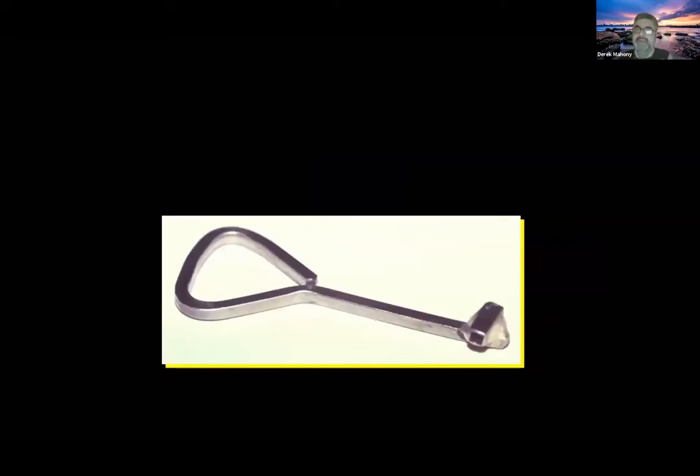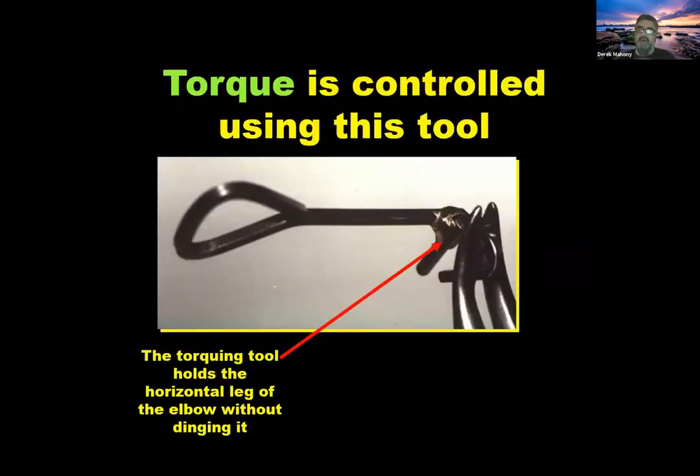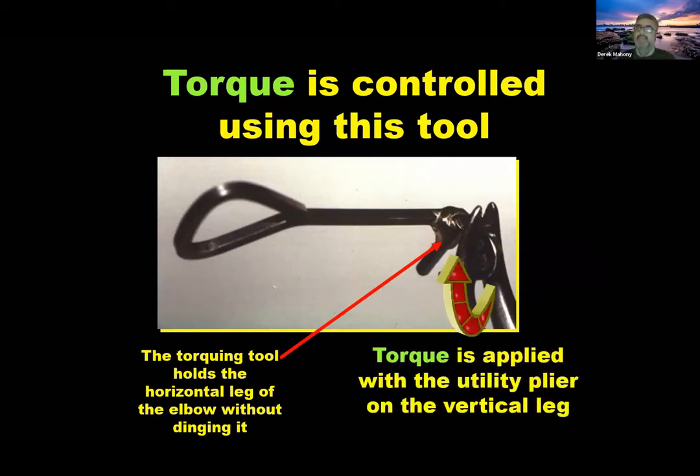This is my torquing gear, and we take the elbow outside the mouth. We hold it with the torquing gear and any sort of plier. Here you can see I'm using a Jarabak, and as I hold the Jarabak, I can change the torque of the elbow. And all of these are described in my YouTube video.